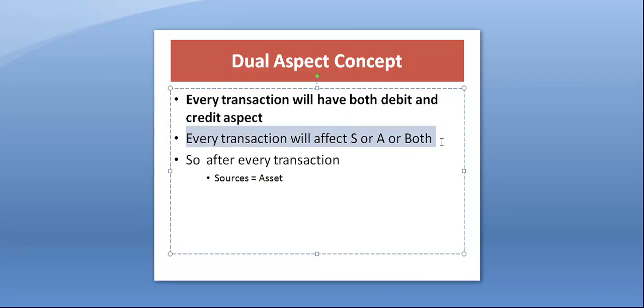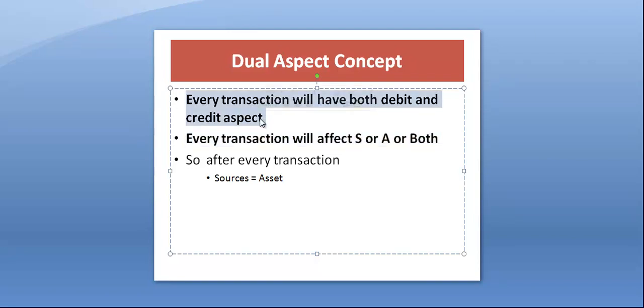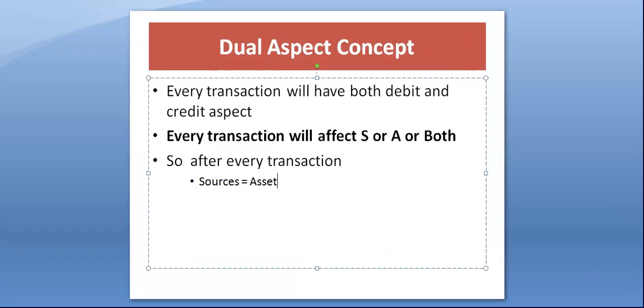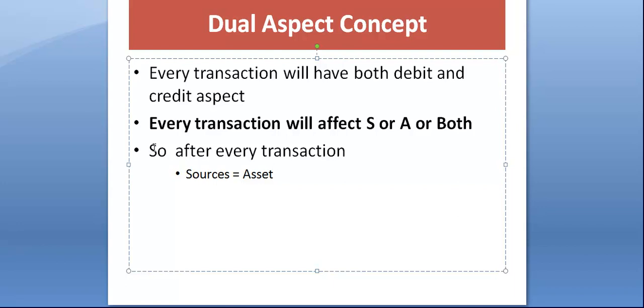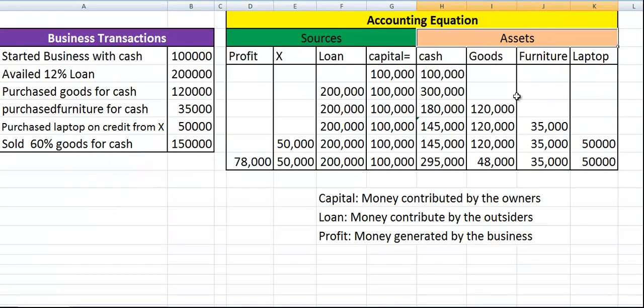We are saying that every transaction will affect either source or asset, or both. As a result, after every transaction, the sources will be equal to assets.